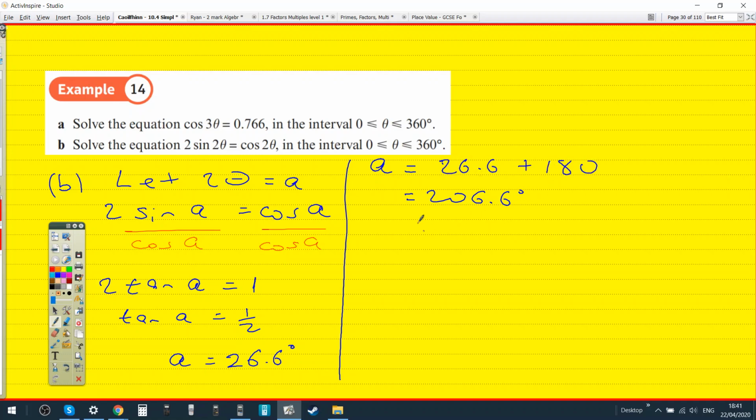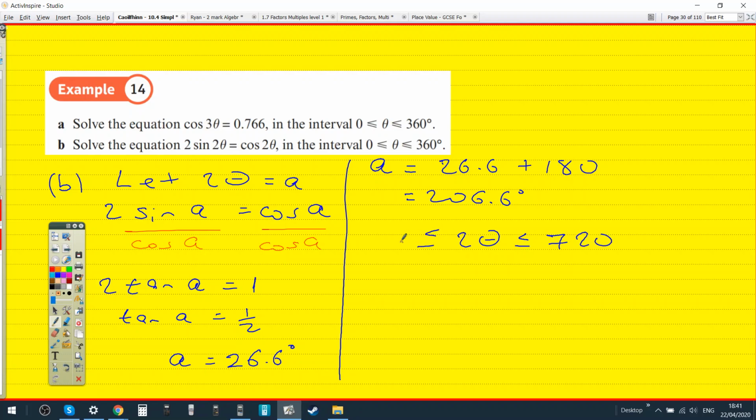And we need to work out the range. If it's 2 theta, then we times 360 by 2, which is 720.